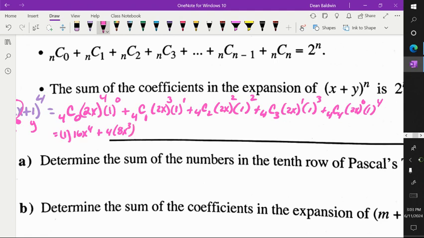And then 1 is 1. 4 choose 2 is 6. 2x squared is 4x squared. 4 choose 3 is 4 times 2x. 4 choose 4 is 1. 2x to the 0 is 1.